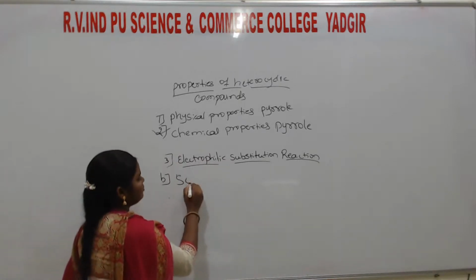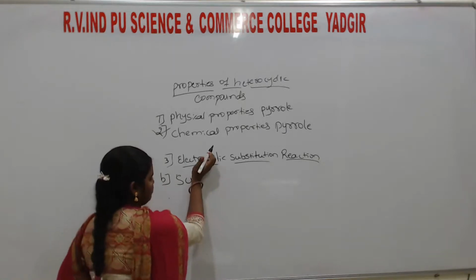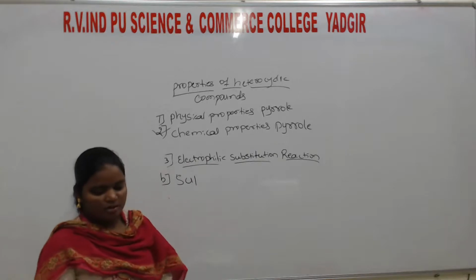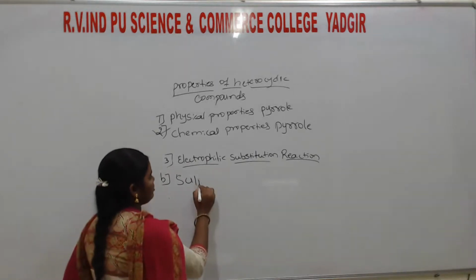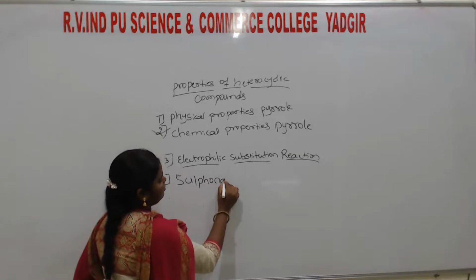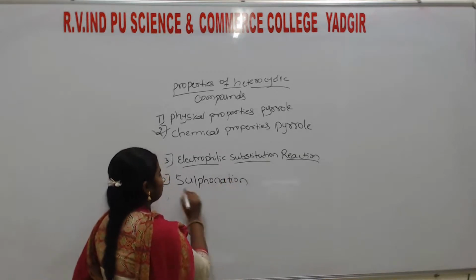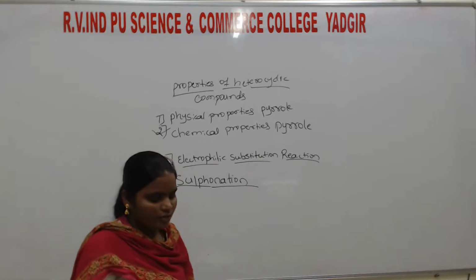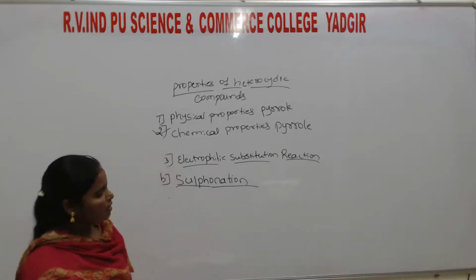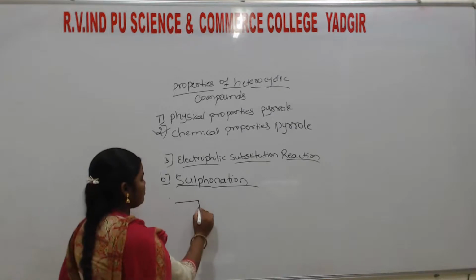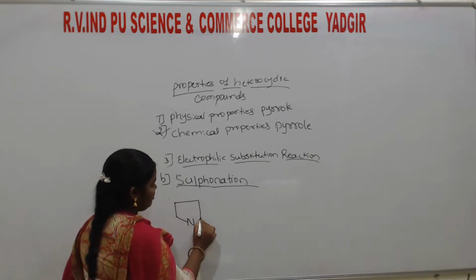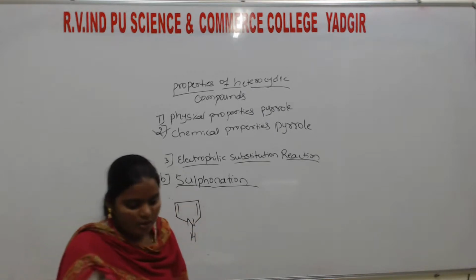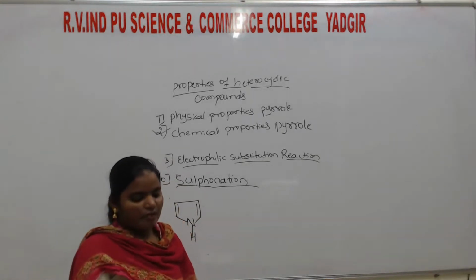Next, sulfonation. Sulfonation uses H2SO4, and here pyrrole is treated with sulfur trioxide.